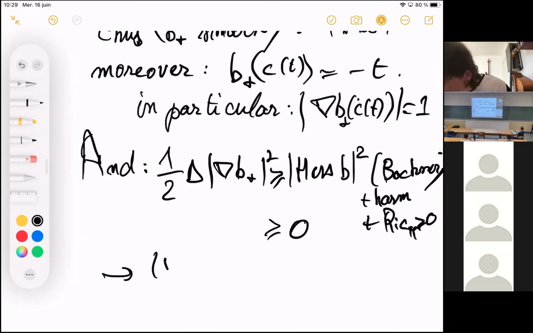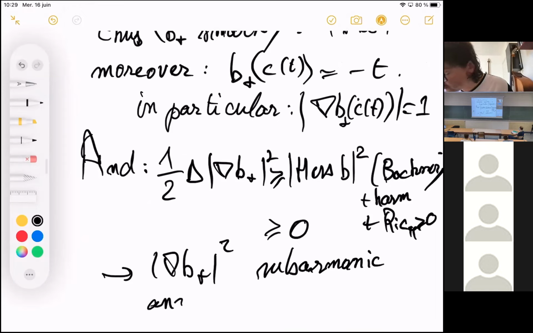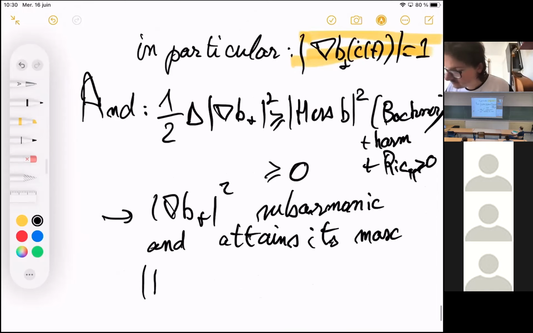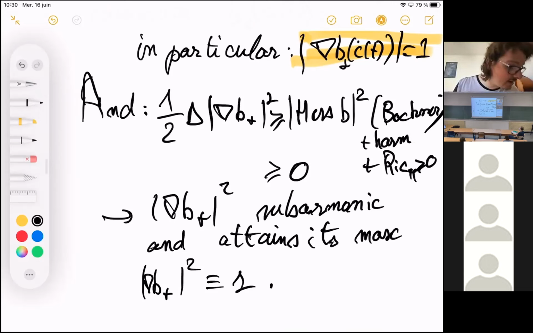Hence now the gradient of B plus squared is subharmonic and attains its maximum because of that. So the gradient of B plus is constant equal to 1. So this is a distance function now.